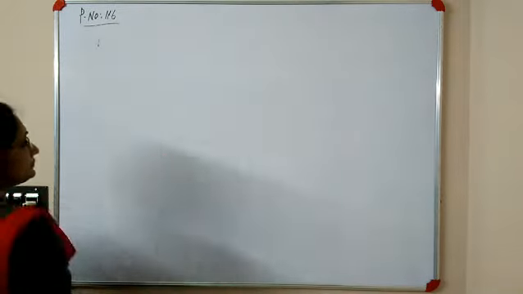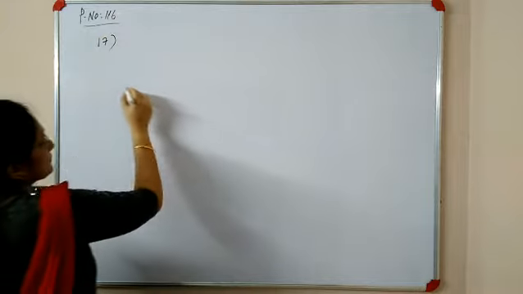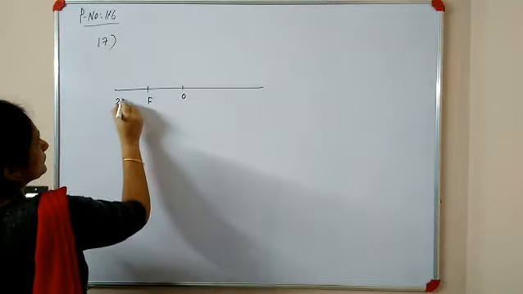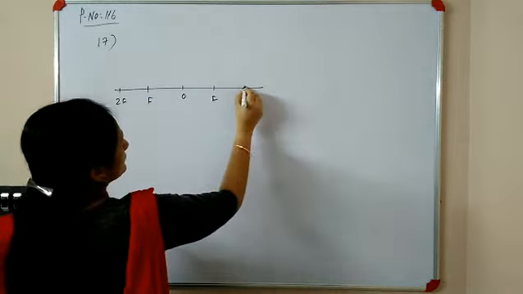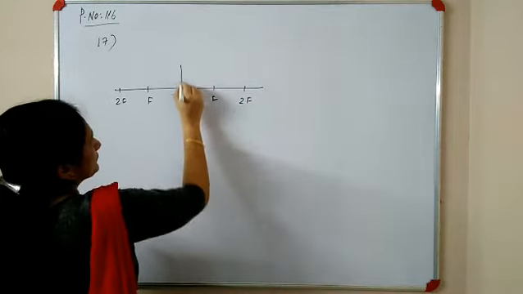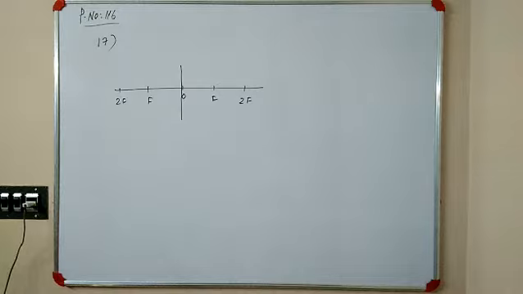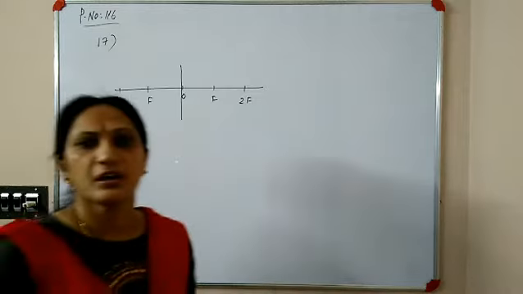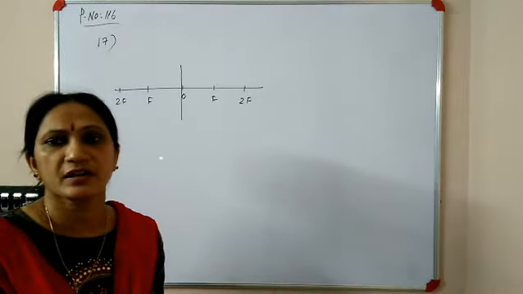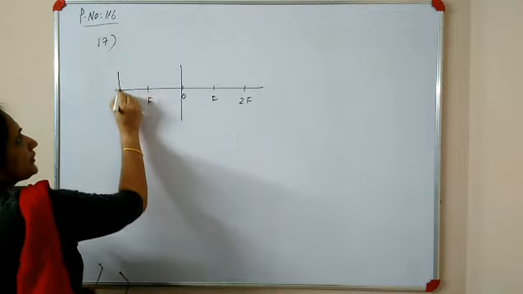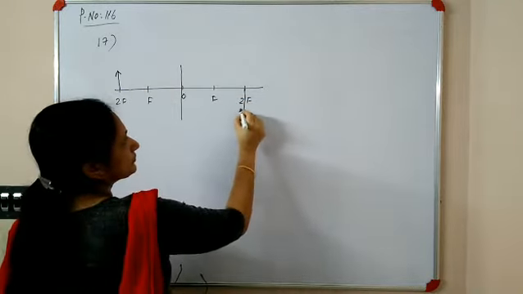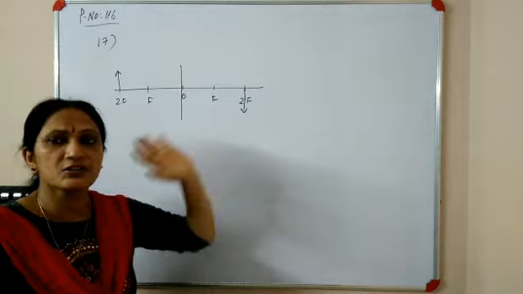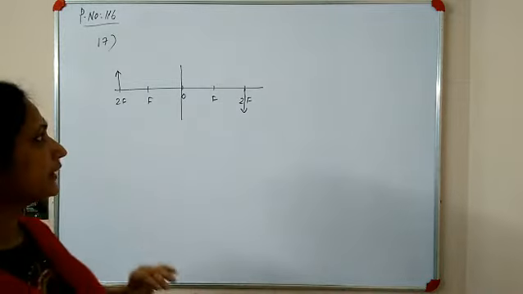The size of the object is equal to the size of the image only when the object is kept at 2f. When the object is at 2f, the image also forms at 2f and the size also will be the same. And you are asked to complete the ray diagram.